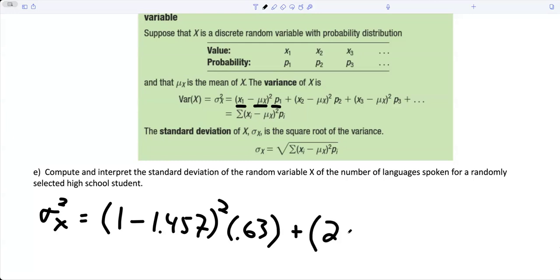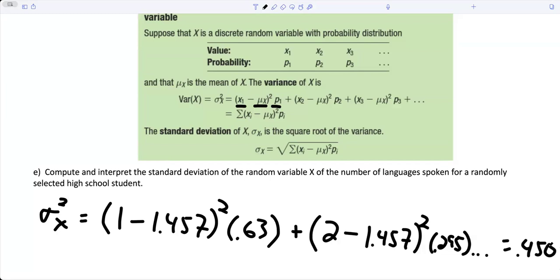So it would be 2 minus the mean, which was 1.457. We square that, and then we multiply it by its respective probability, which was 0.295, and so on. We would do that for each of the outcomes. Okay, and so for the sake of time, I'm going to give you the result. It's 0.45.